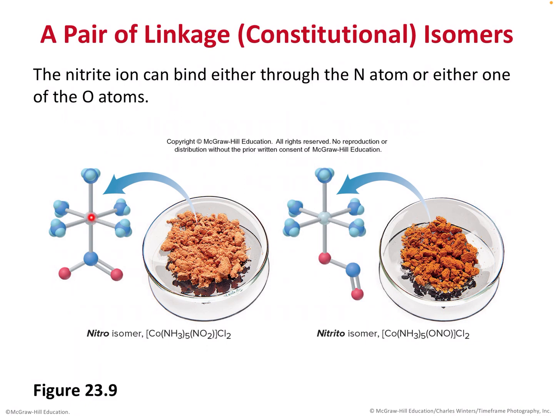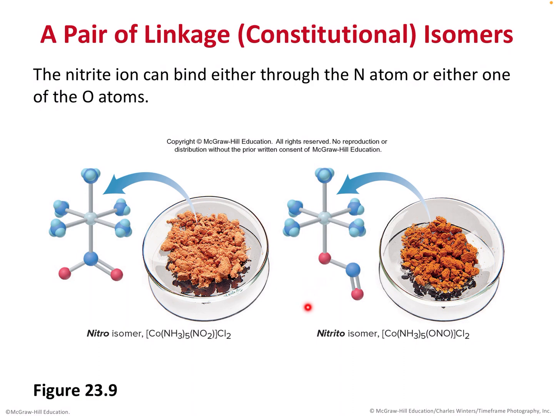Here you can see a central atom and then there are 1, 2, 3, 4, 5 ammonia groups, and there is one NO2. Here this blue atom is a nitrogen and these are your oxygens. In NO2, nitrogen is the donor atom to cobalt in this formula.